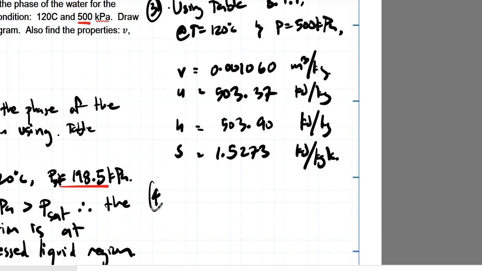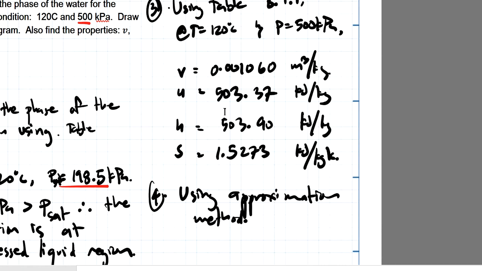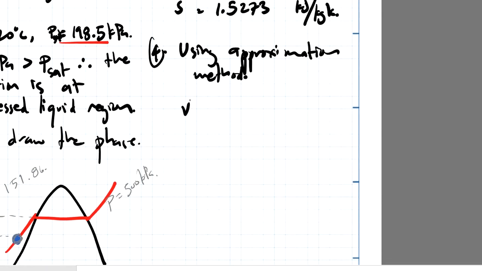So now let's try the approximation, using the approximation method. Recall that the V value is simply the VF of the temperature condition. So at what temperature?